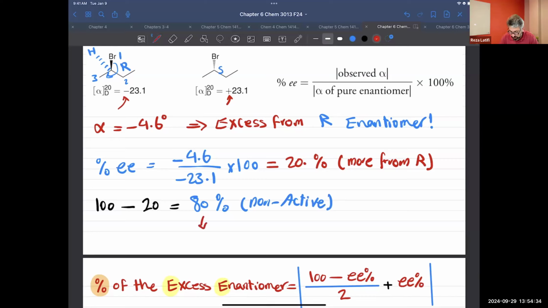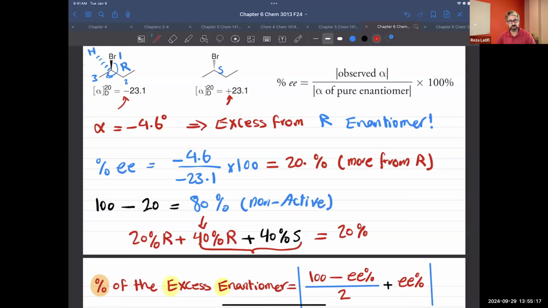Because you have 40% R and also 40% from S. Those two cancel each other, and they make the solution racemic. But you also have 20% from R, because you have excess from it, and the excess enantiomeric is just 20%. So that's the 80% which is not active.